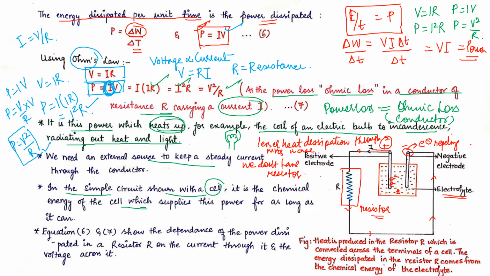But because we have a resistor, it will provide resistance to the motion of electrons, and hence there will be more dissipation of heat. This will slow down the motion. Initially, if we say 10 electrons are moving, then it will reduce to 9, 8, 7, 6, 5, 4, and a time will come when it will be 0.